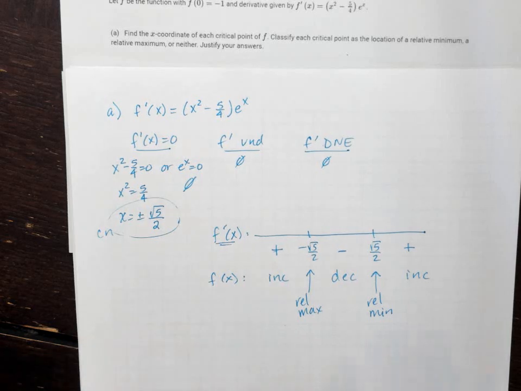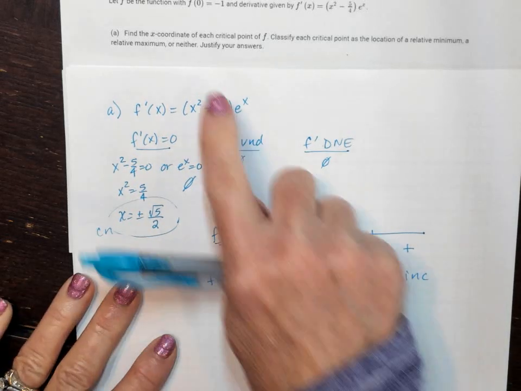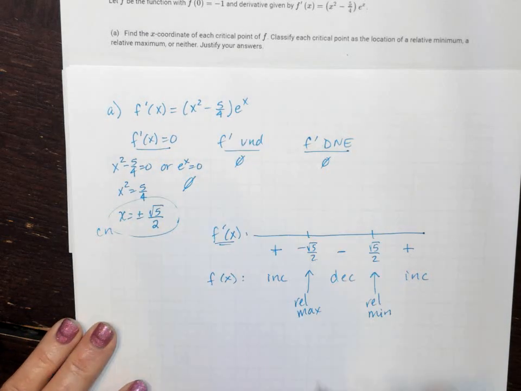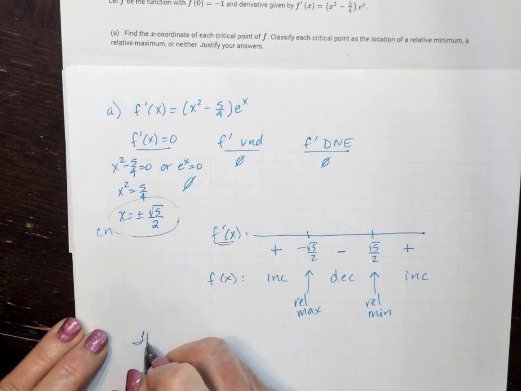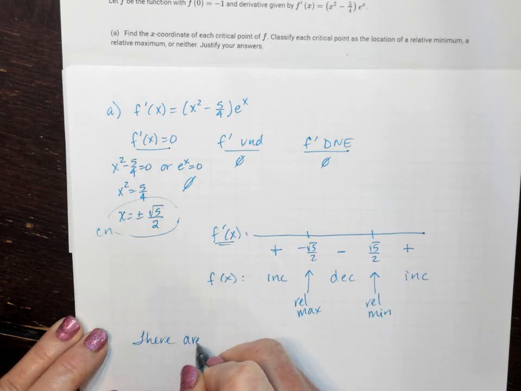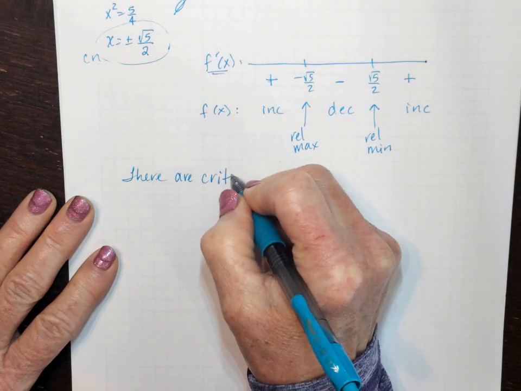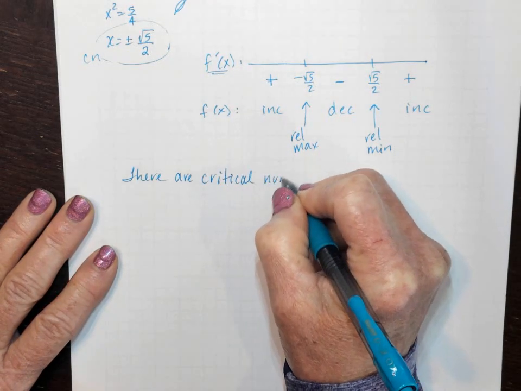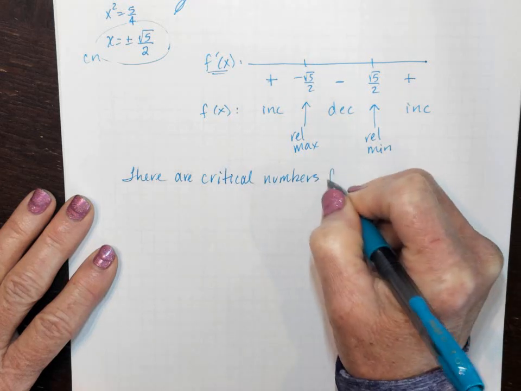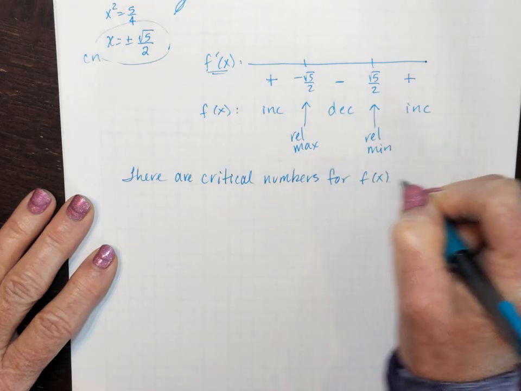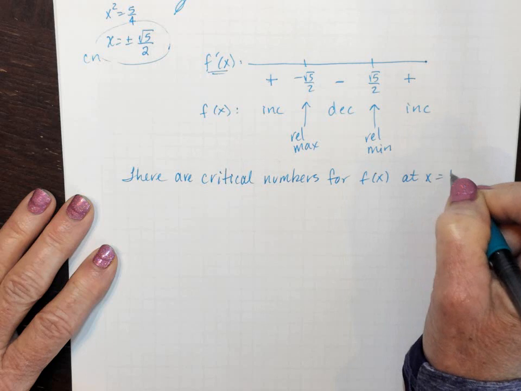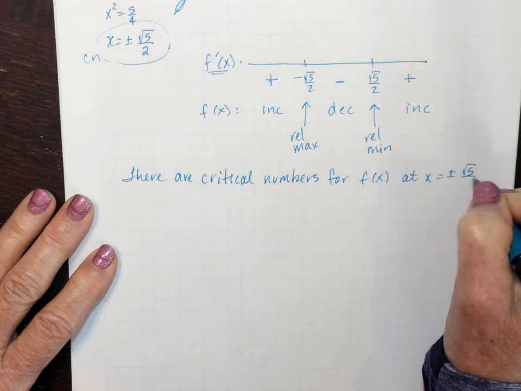All right, so now we've got all our work, but we need to write out the answer for the justify your answer. So we're going to say there are critical numbers for f of x at x equals plus or minus square root 5/2.